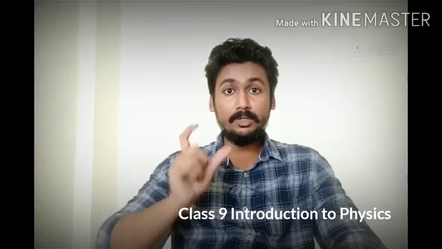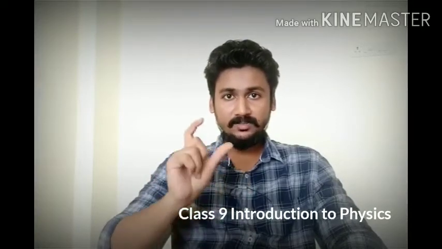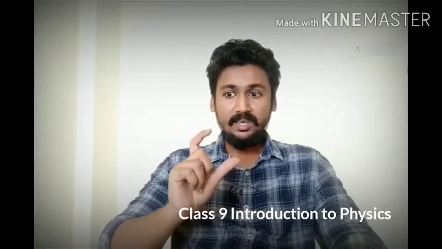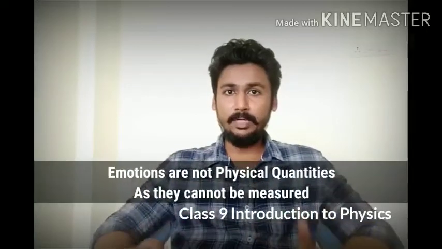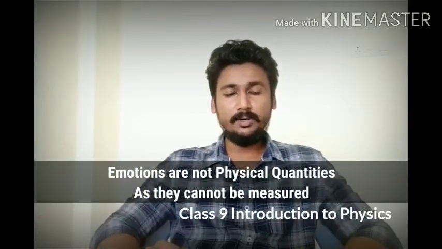Any property that you can measure is called a physical quantity. If you cannot measure that quantity, it is not a physical quantity. For example, we say I am feeling very happy today. Happiness is not a physical quantity because we cannot measure it. Anything you can measure is a physical quantity.